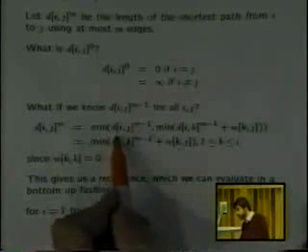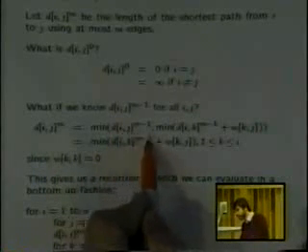What do we know? The cheapest way to go from i to j using at most m edges is either the cheapest way to go from i to j using at most m minus 1 edges. It may be that you don't need to use m edges going from here to there.